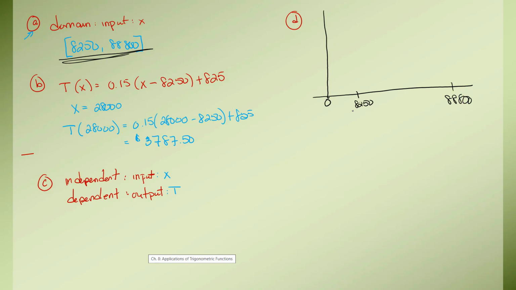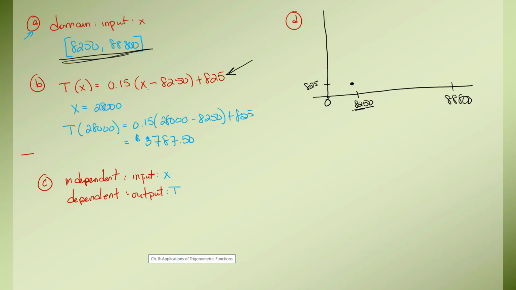So if we take 8,250 and plug it into this particular equation, what do you guys end up with? Good. I end up with 825. So that point is 8,250, 825, because this is going to zero out in the parentheses, won't it?